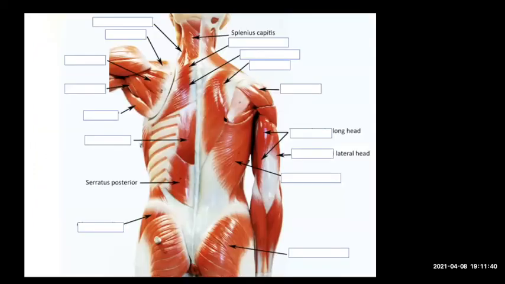All right, here we are, same picture again, same stuff, except I have this one labeled. I'm not sure this is on your list at all. It might be, but that is attached on your scapula. It elevates it, so that's the levator scapula, right over here.